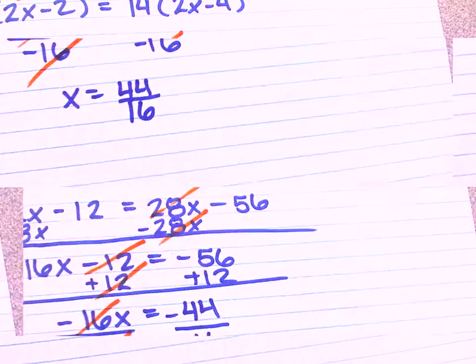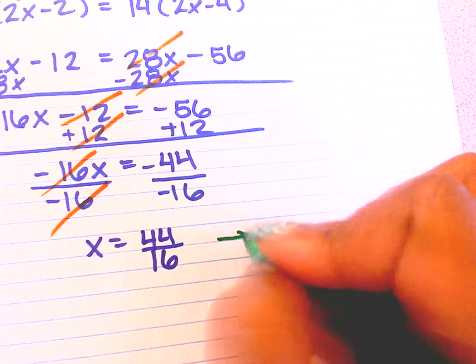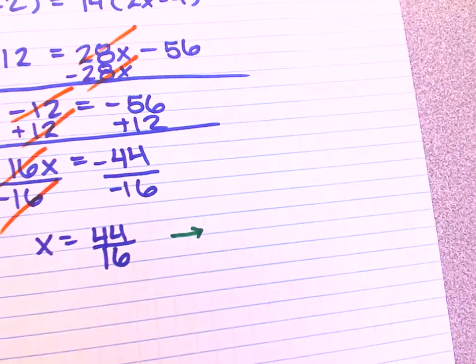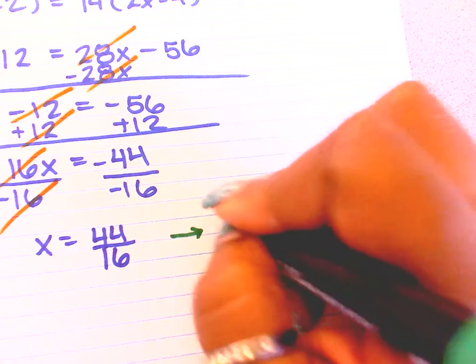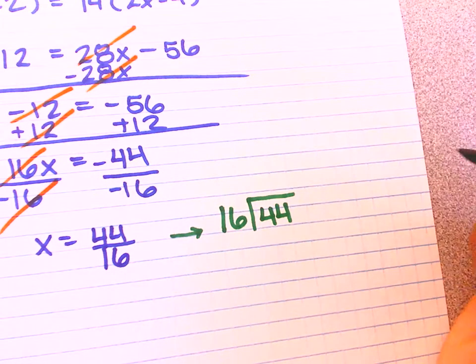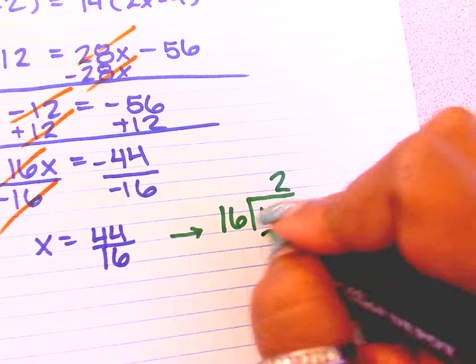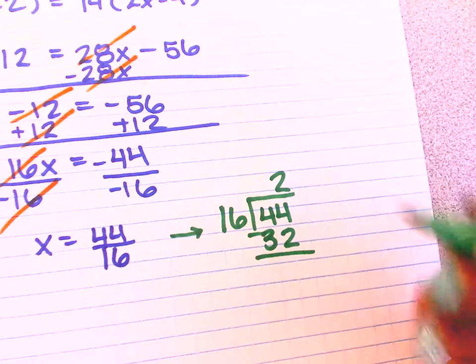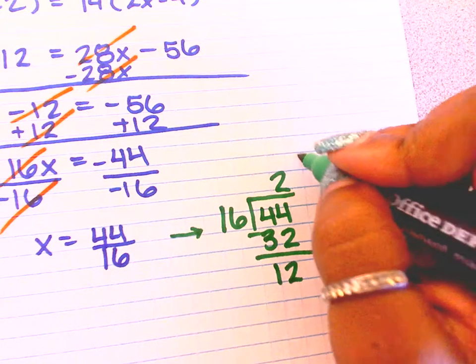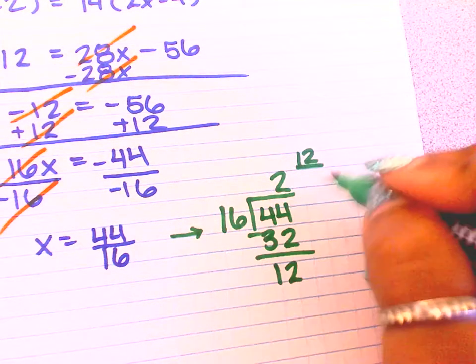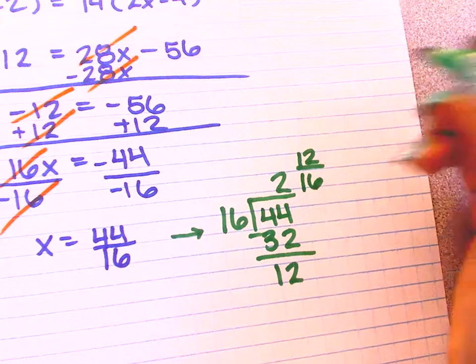So side note over here, I'll show you my work. So 44 divided by 16, you guys can try it too. 44 divided by 16. I know it goes in about twice, so I'll get 32. And I'll be left with 12. My 12 was in the numerator, the 16 was in the denominator.